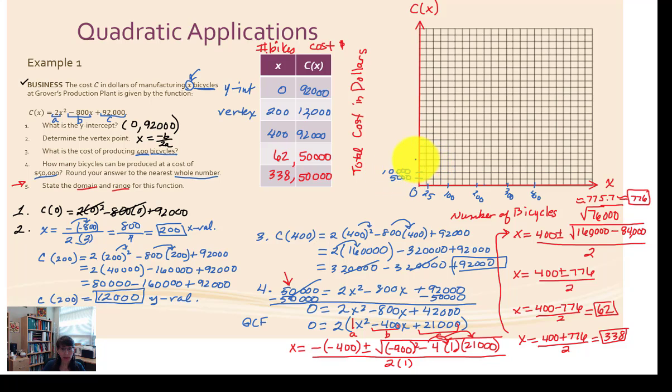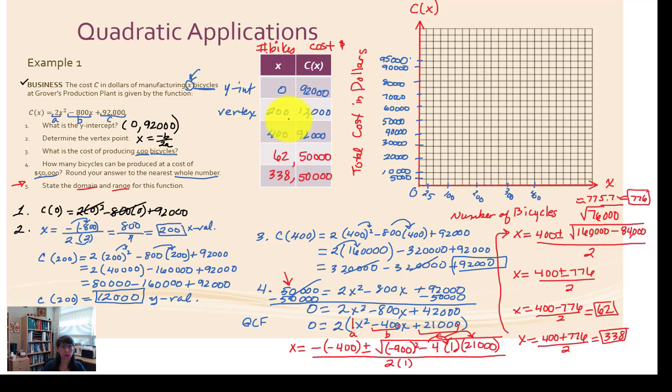Now I can skip every 2. There's 20,000, 30,000. So I'll number all the way up just past 92,000. The line just past 90,000 would be 5,000 more, so that would be 95,000. And that's high enough. We only need to go to 92,000.